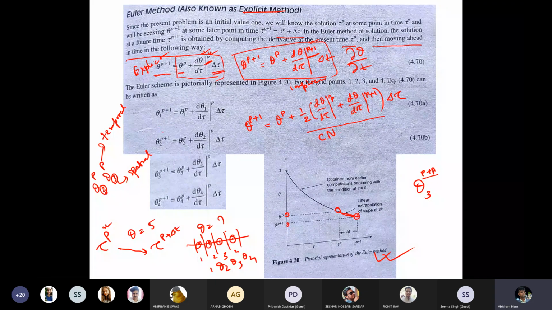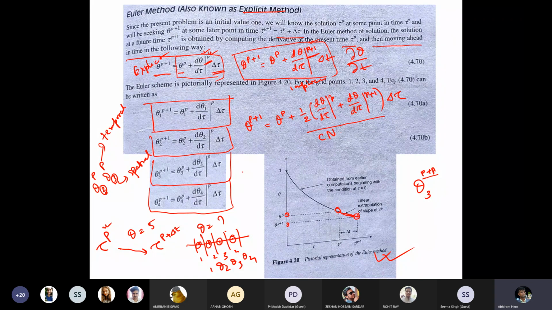So for theta 1, following this Euler scheme, theta 1 at p plus 1 will be equal to theta 1 at p plus d theta 1 d tau at p into delta tau. So this is for point 1. Then for point 2 I can get this one, and for point 3 I can get this one, and for point 4 I can get this one.